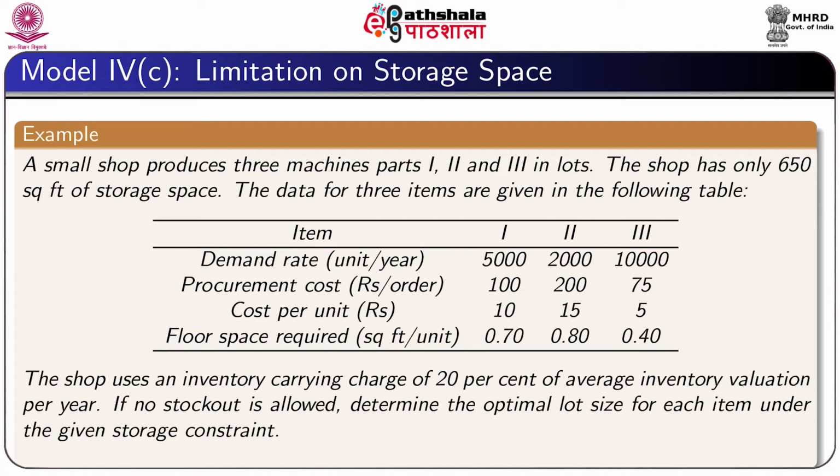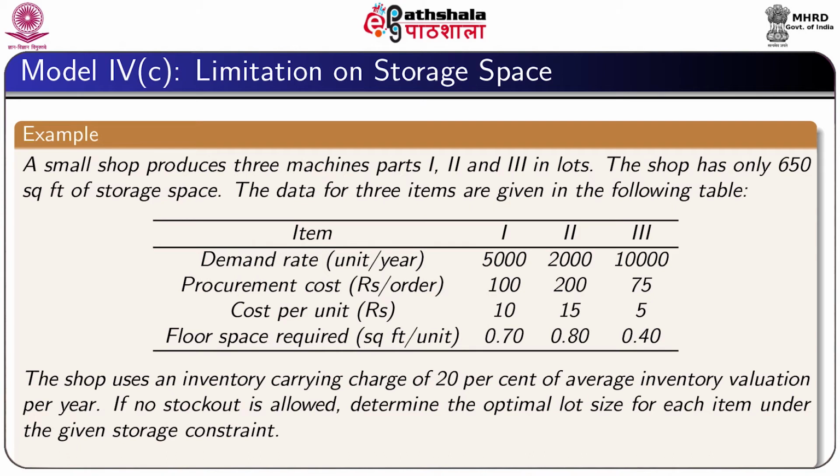So, for the 3 items, demand rates are 5,000, 2,000 and 10,000 respectively. Procurement costs are 100, 200 and 75 respectively. Cost per unit are 10, 15 and 5 respectively, and floor space required are 0.7, 0.8 and 0.4 square feet per unit respectively.